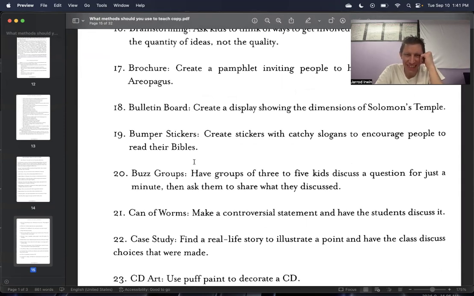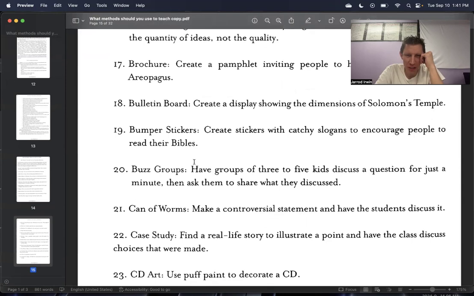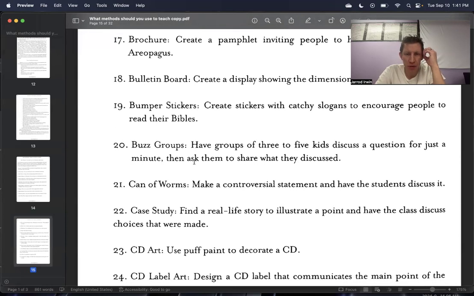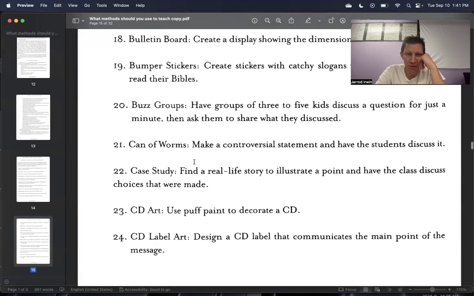Bulletin board: create a display showing the dimensions of Solomon's temple, for example. I don't know how that's a bulletin board thing, but regardless, a visual. Bumper stickers: create stickers with catchy slogans to encourage people to read their Bibles.